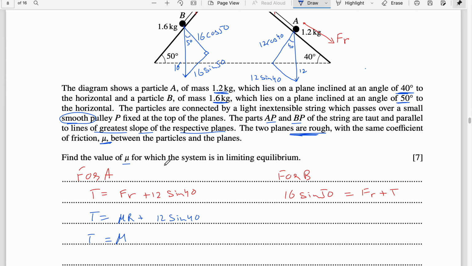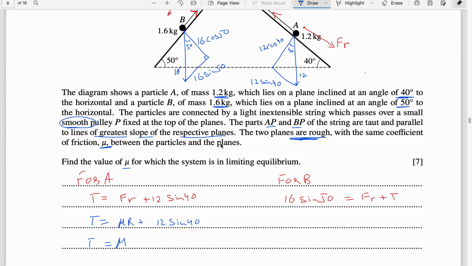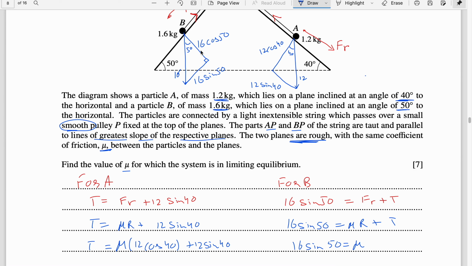Sorry, we are doing for A. So R is 12 cos 40, so T equals mu times 12 cos 40 plus 12 sin 40. On the other side, 16 sine of 50 equals friction, which is mu R, plus tension. So 16 sine 50 equals mu, and R for B is 16 cos of 50, so mu times 16 cos of 50 plus T.